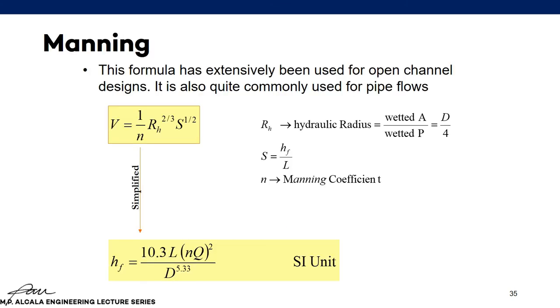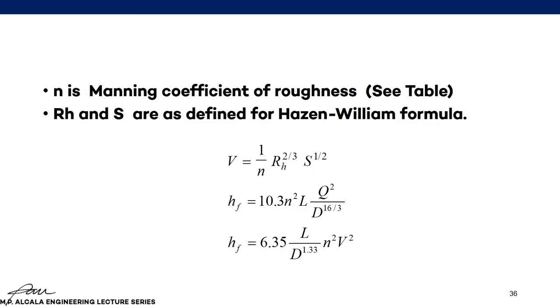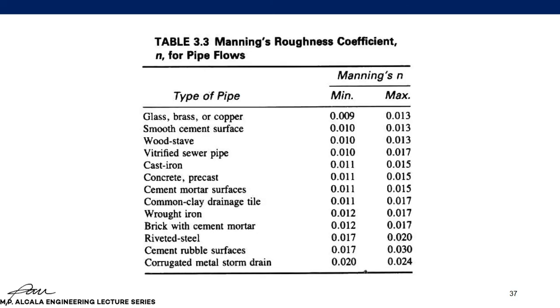Now for the Manning's, we have already used this. Actually, the Manning's will be very important for open channel. Okay? So we will use this when we talk about canals, when we talk about weirs. So we will much focus on Manning's formula. So look forward to it. So this is our Manning's equation, and Manning's constant.